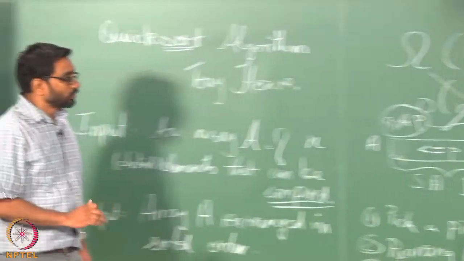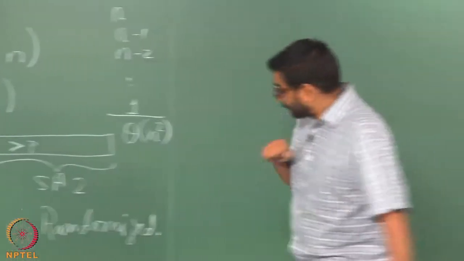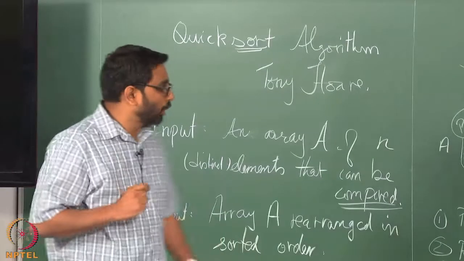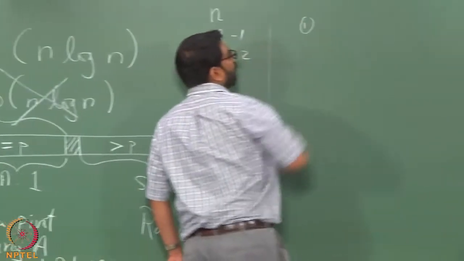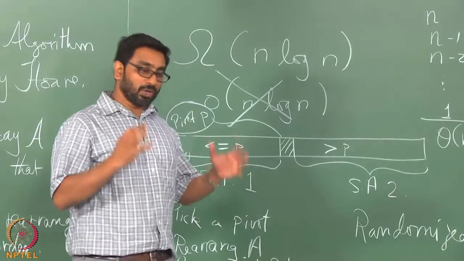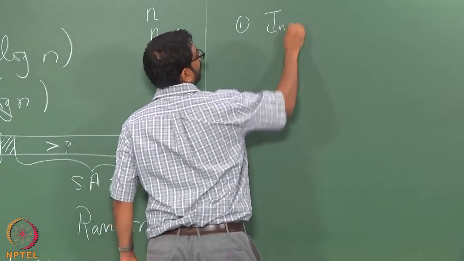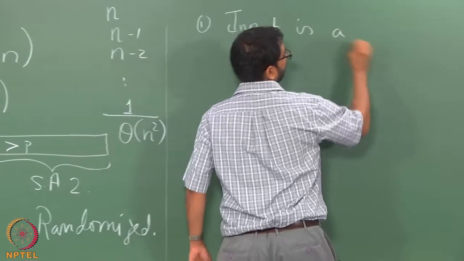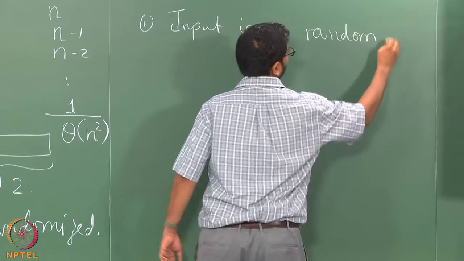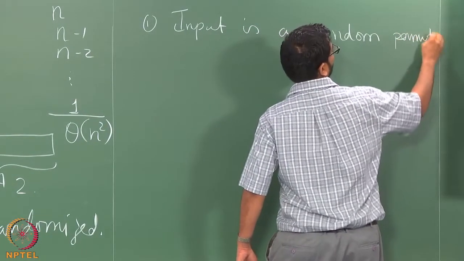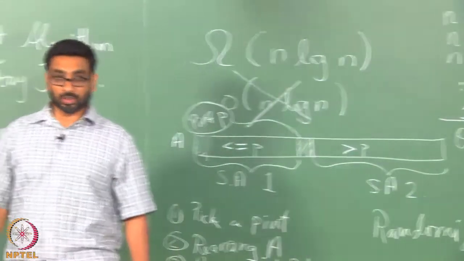Okay. So now we'll have to think about how to apply randomization. There are a few ways to think about it. Let me point out one way. One way to bring in randomization is to assume that the input is a random permutation.